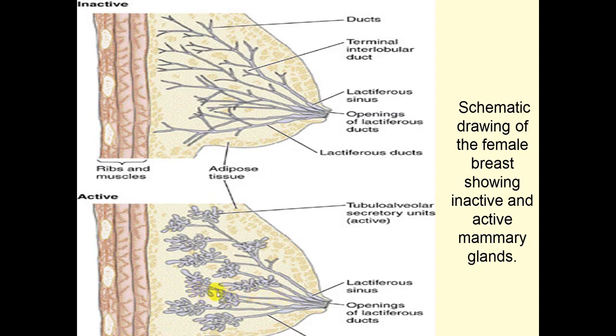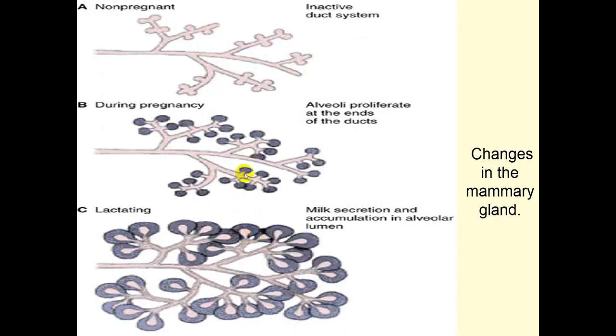Its lactiferous ducts appear branched, and secretory portions appear. This gland is an alveolar gland. Secretory portions look like small balls, and around these balls is also white adipose tissue and connective tissue.